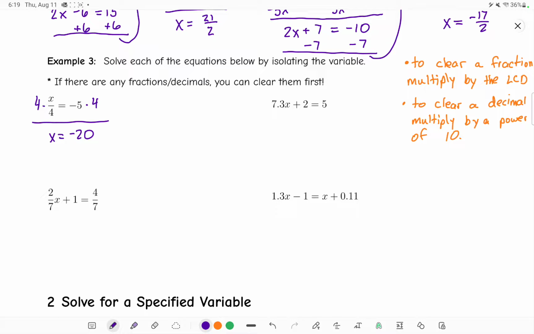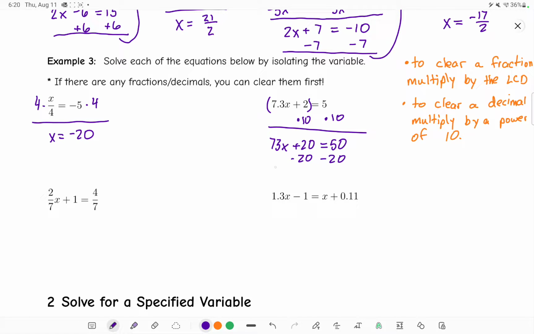7.3x plus 2 equals 5. Well, since there is only one decimal place in the 7.3, I'm going to multiply by 10 to the first power, or 10. So multiply everything by 10, because that will move the decimal place over, giving us 73x plus 20 equals 50.